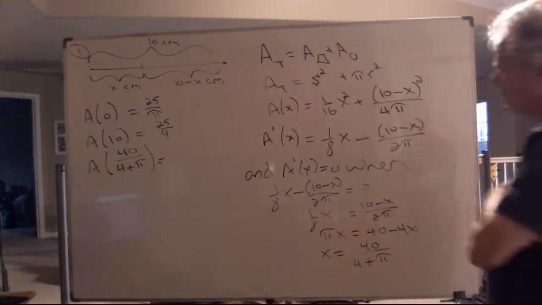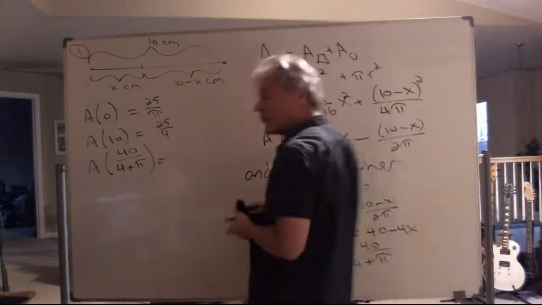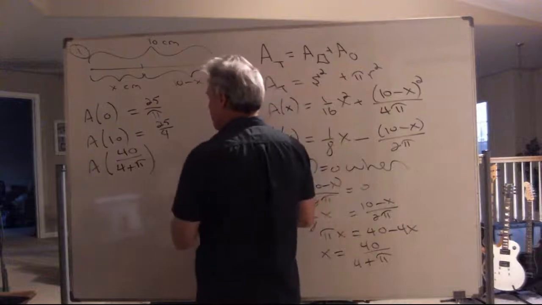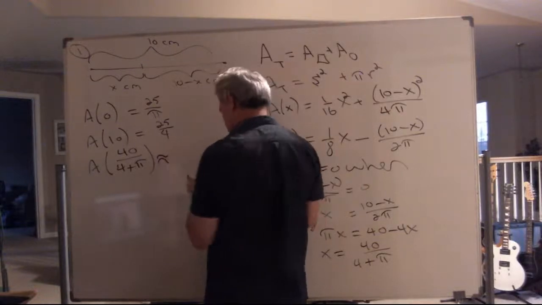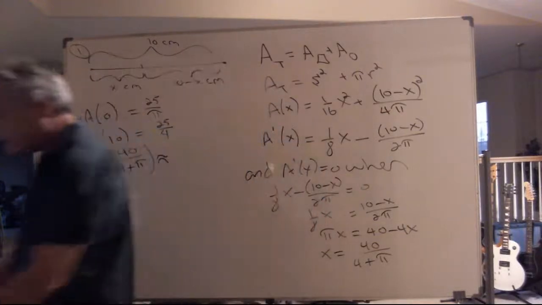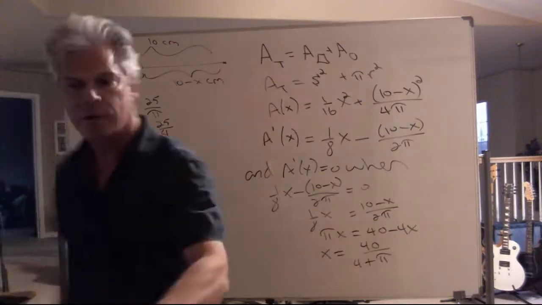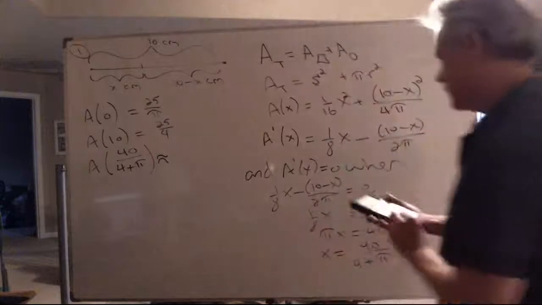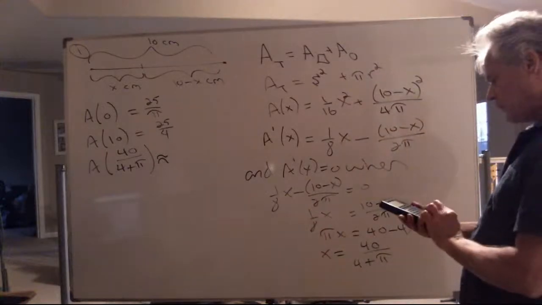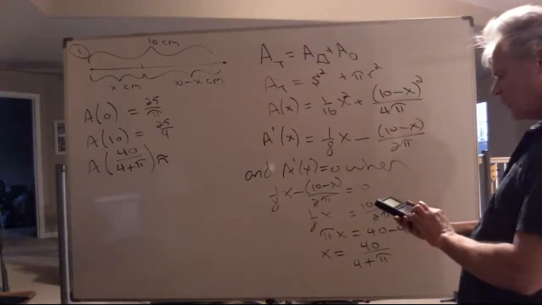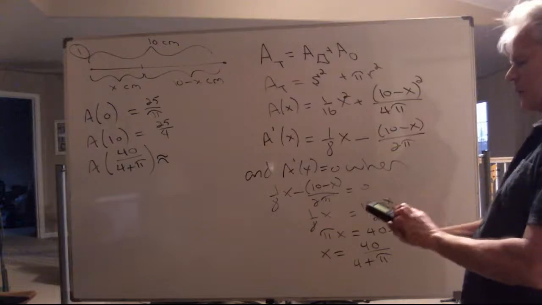All right, you guys, if you don't mind, I cheat. Can I take this opportunity to approximate, if I can find a calculator. I have no idea what the value is. So let's just get the x value first. 40 divided by 4 plus pi, in parentheses, 4 plus.